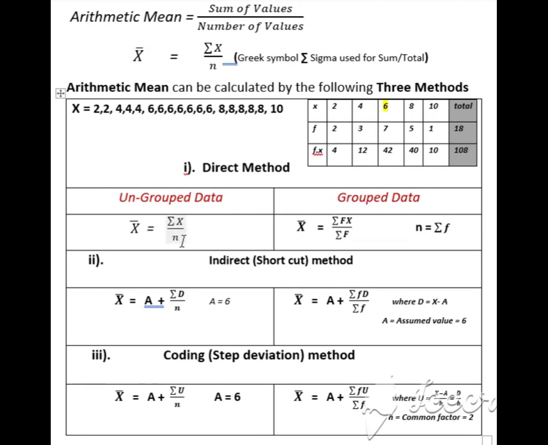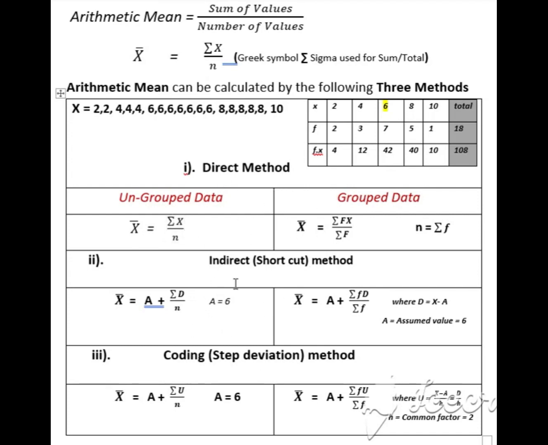The other difference between these formulas is that for the direct method you use only sigma x divided by n. For the indirect and coding methods you add capital A. Indirect and coding methods both involve capital A, and there is no capital A in the direct method formulas.